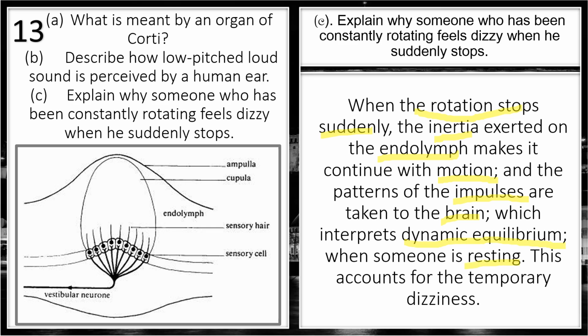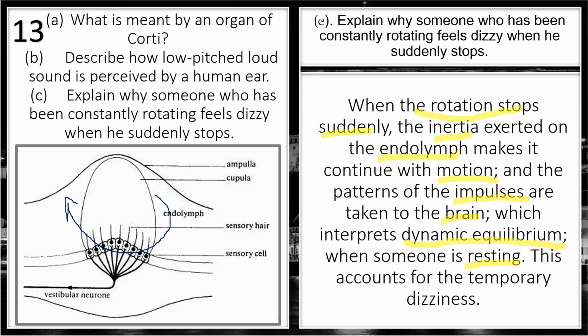Now, if we have been moving our head around, and the endolymph is also moving around, when the rotation of the head stops suddenly, that is going to cause the endolymph to continue rotating in that direction.